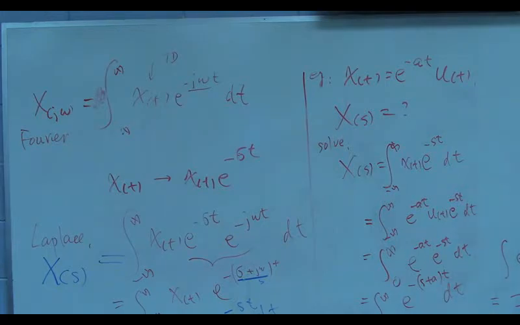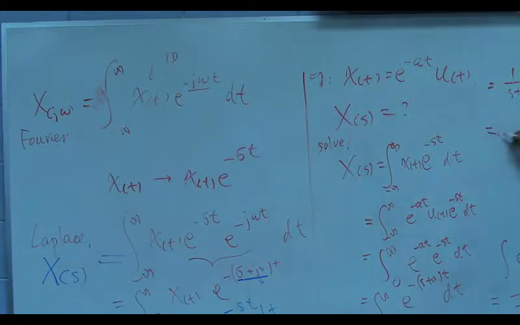This one equals negative 1 over (s plus a) times e to the negative (s plus a) times t, evaluated from 0 to infinity. I don't like this negative here. A lot of negatives make me dizzy, so I need to switch this part, from 0 to infinity. Good, right?